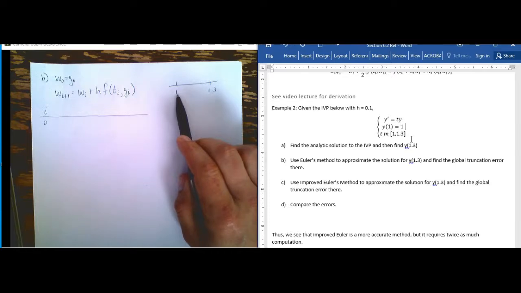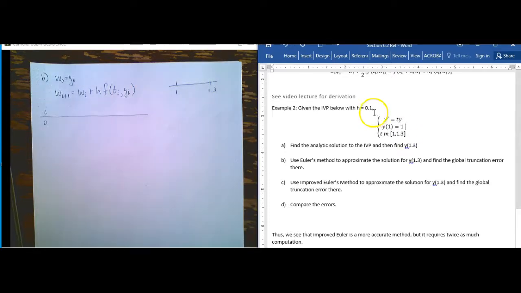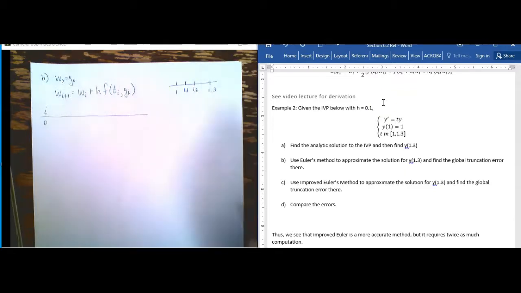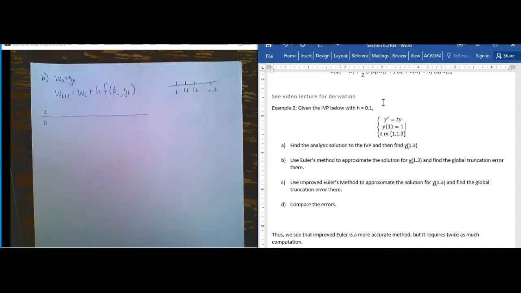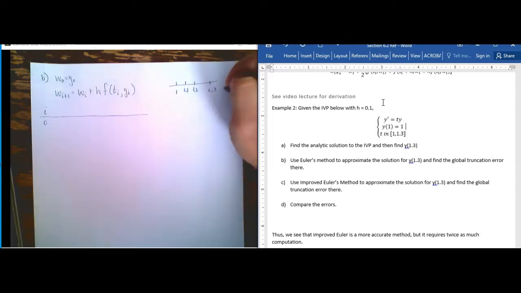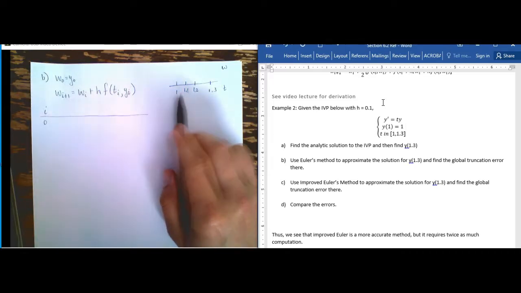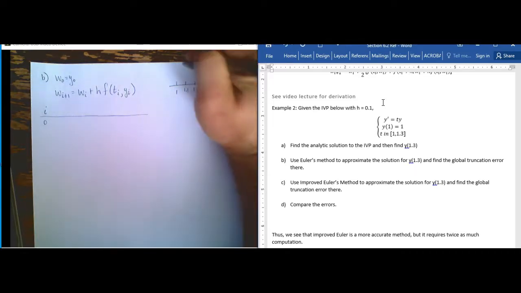If h is 0.1, we would get to 1.1, 1.2, and 1.3. All right? So here are our t values, and we're looking for our w values, right? Well, we know at 1, this is 1.